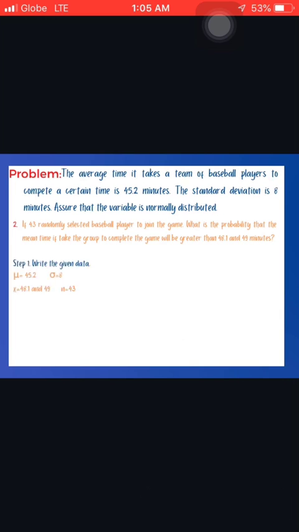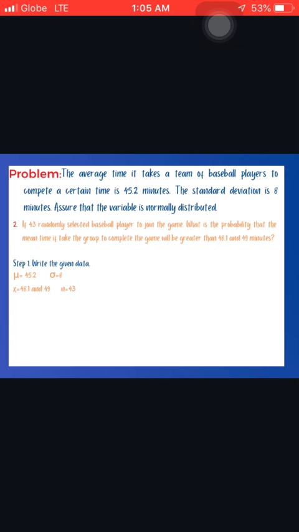So step 1, write the given data. Sample mean is equal to 45.2, standard deviation is equal to 8, x equals to 48.1 and 49, and n equals to 43.